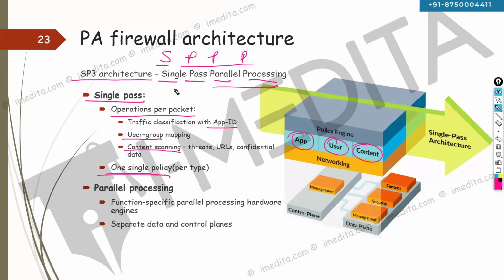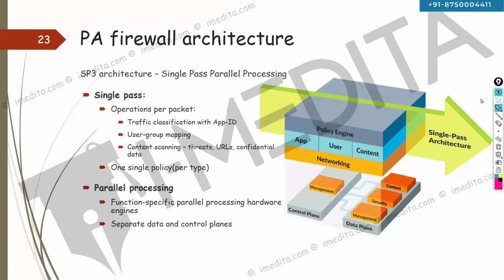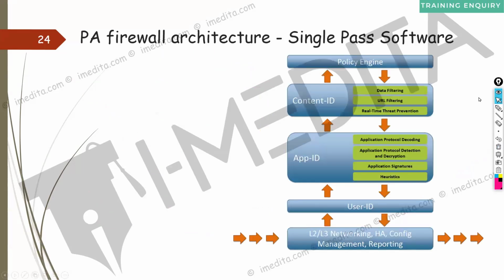So what is the meaning of parallel processing? Parallel processing means we have a separated data plane and separated control plane, and we have function-specific parallel processing hardware engines, or we can say the firewall uses dedicated hardware for specific functions. Clear? Now to clear it more, let's move to next.